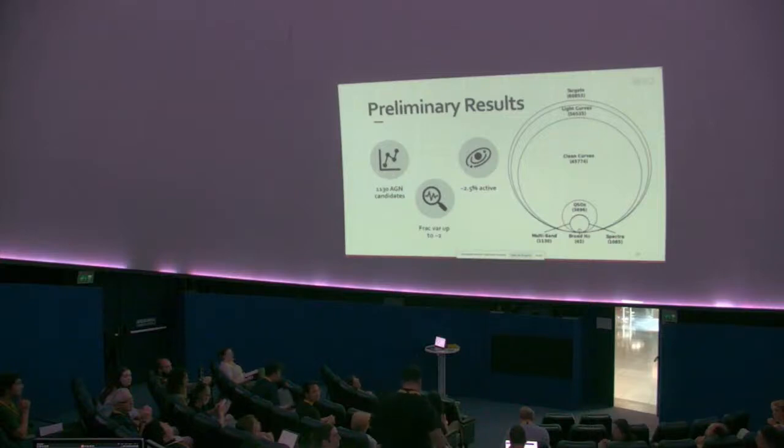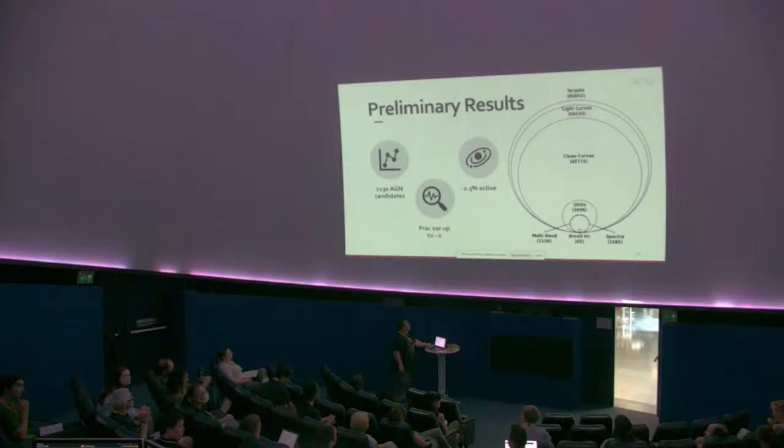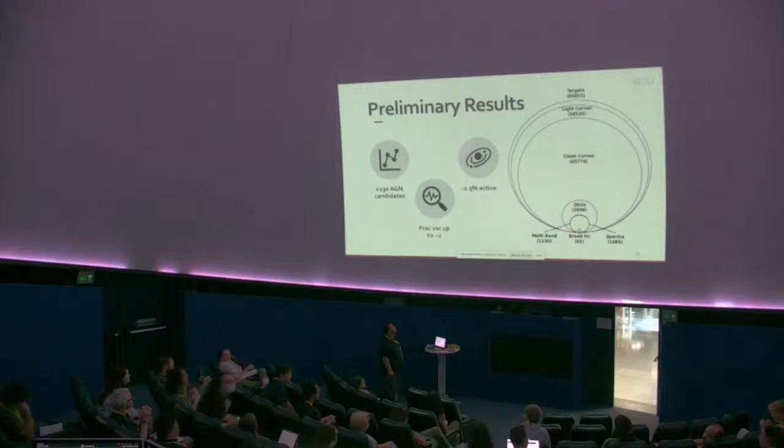Thank you. I wanted to ask you about the black holes. Your host mass was up to 10 to the 10, but then most of the black hole masses you found were 10 to the 8 to 9 masses.